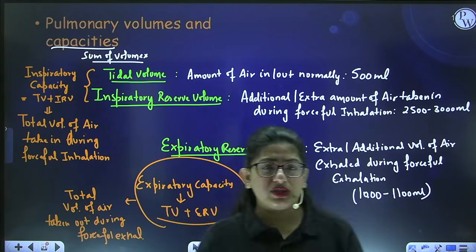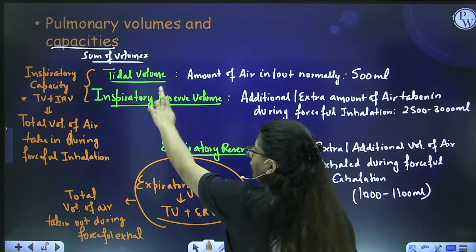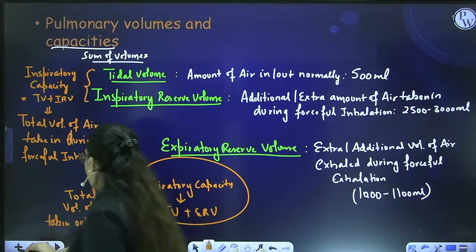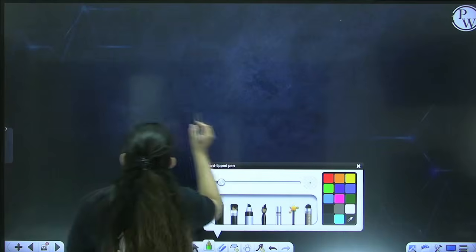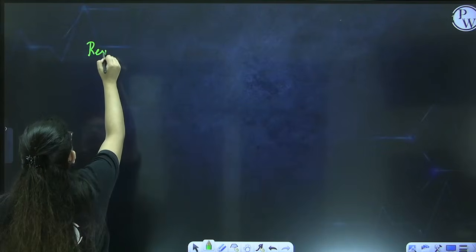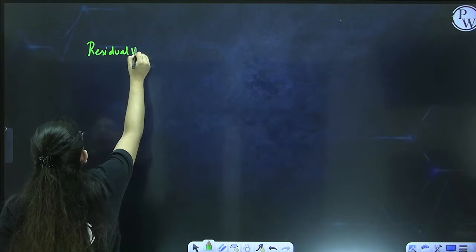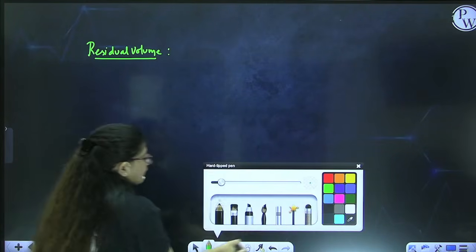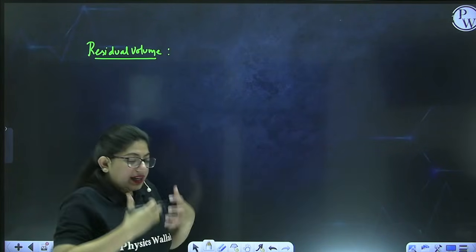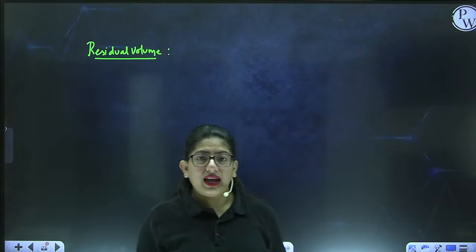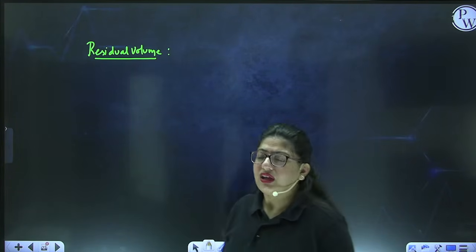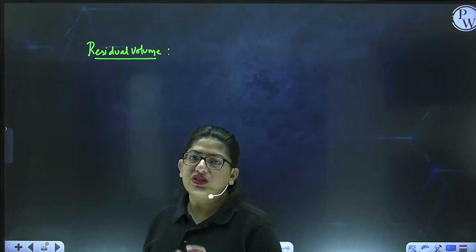Now let's talk about one more volume. We have tidal volume, we have inspiratory reserve volume, we have expiratory reserve volume. One more volume we have, and that is residual volume. So all volumes I'm writing in the green one. So what is residual volume? Whenever you exhale forcefully, at that time some amount of air remains in the lung. Why does it remain in the lung? Because you always have negative pressure inside the lung.